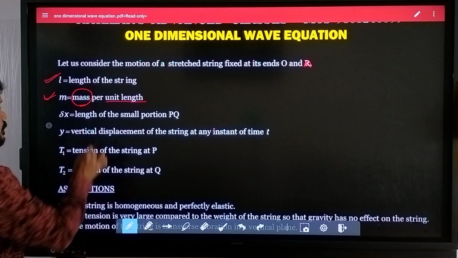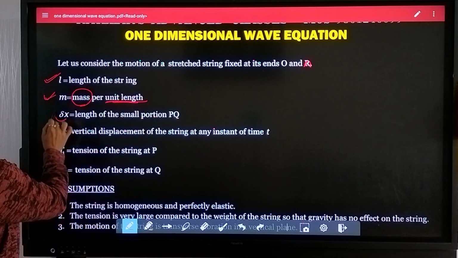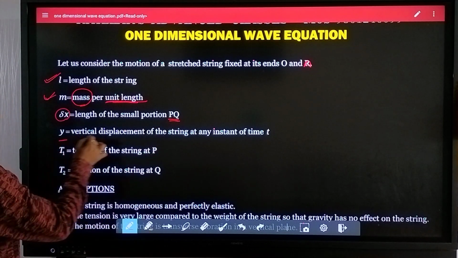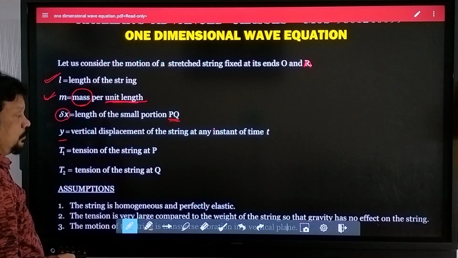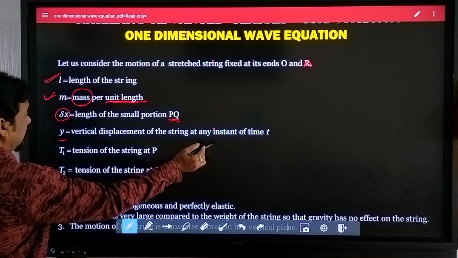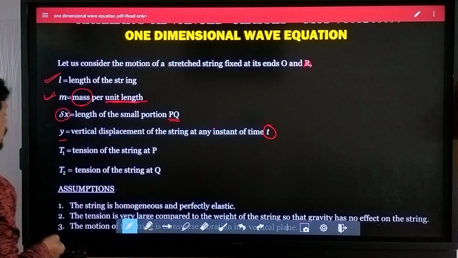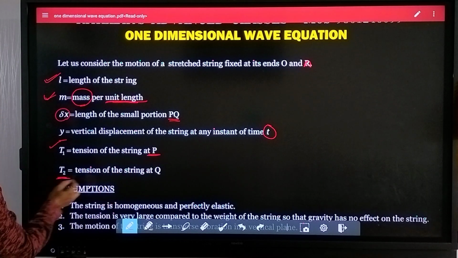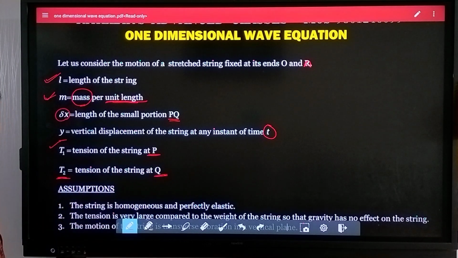Don't take only mass, take mass per unit length. And delta x is the length of the small portion PQ. And y is the vertical displacement, up and down, of the string at any instant of time t. T1 is the tension of the string at the point P, and T2 is the tension of the string at the point Q.